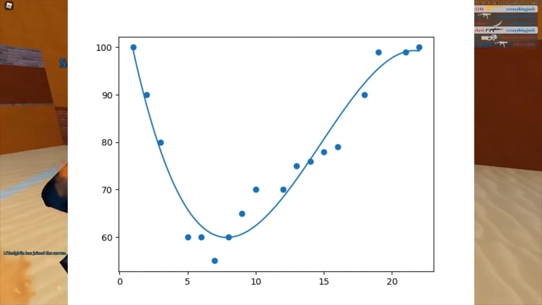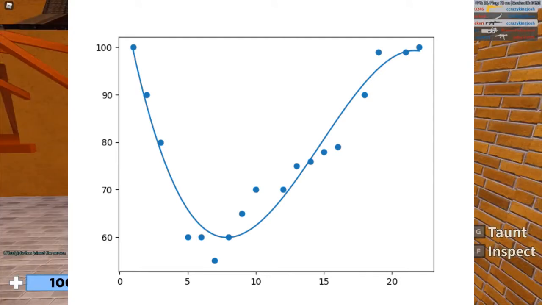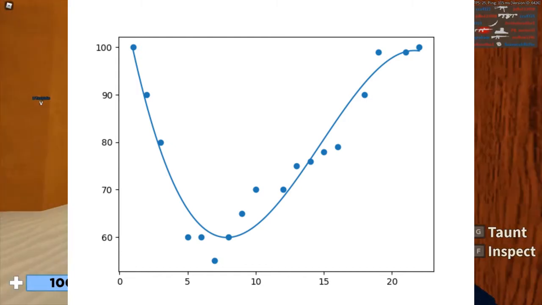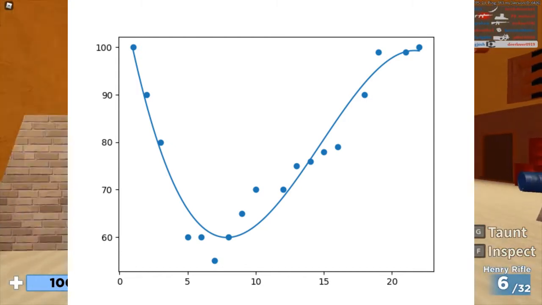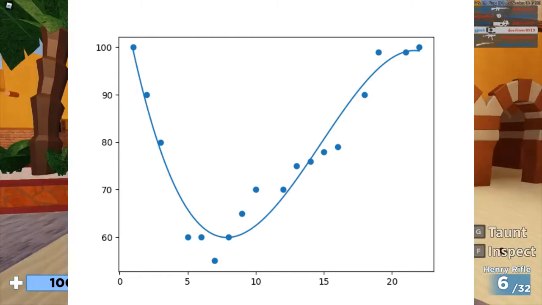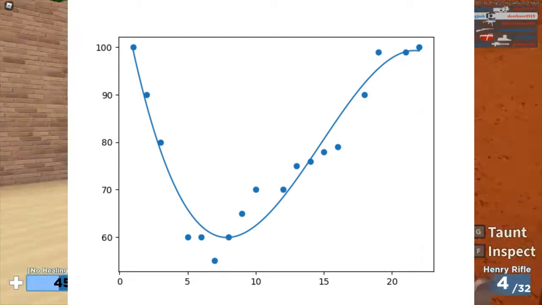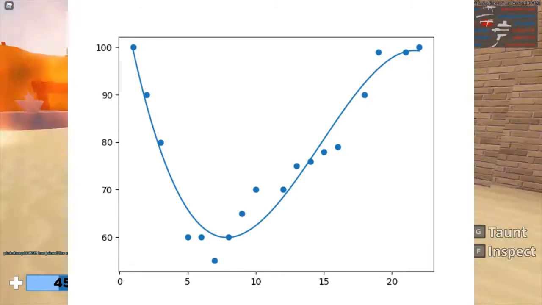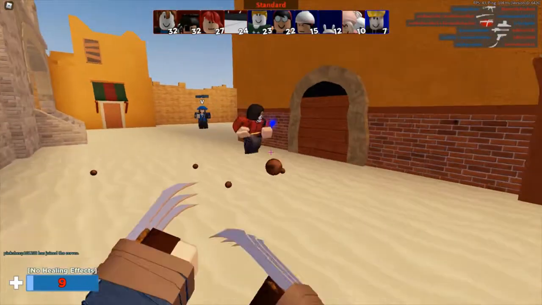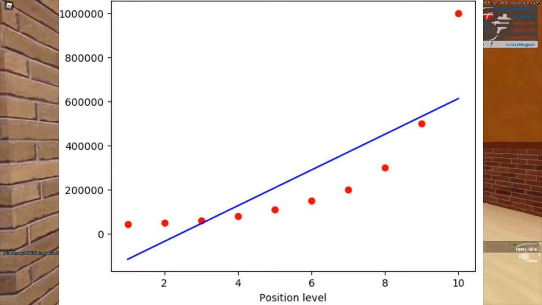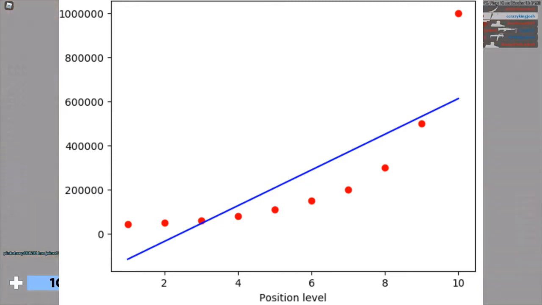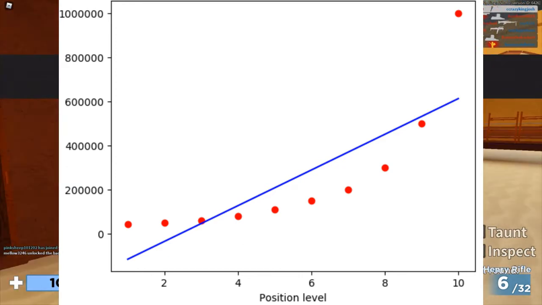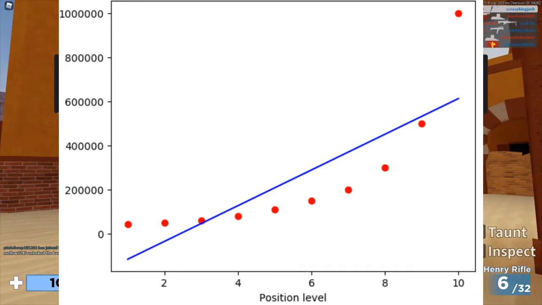This graph doesn't have any labels, but you can see how it starts up high, then goes low, then high again. Now let me show you an example of polynomial regression, but with a linear regression line. On the screen right now, it's position levels to salary. This seems to be a pretty common example, as I was doing this too when I was learning polynomial regression.